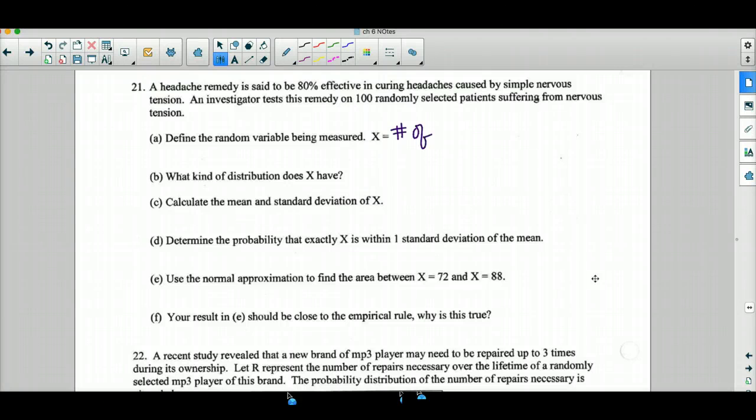The number of people who are, the number of people who are what, cured with the remedy? Cured with the remedy. What kind of distribution does X have?